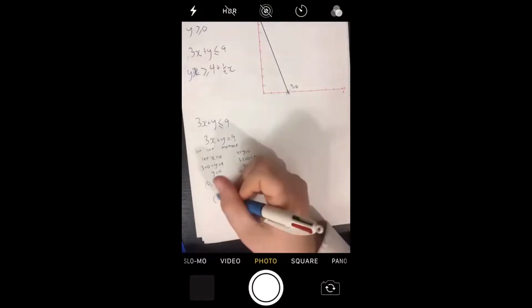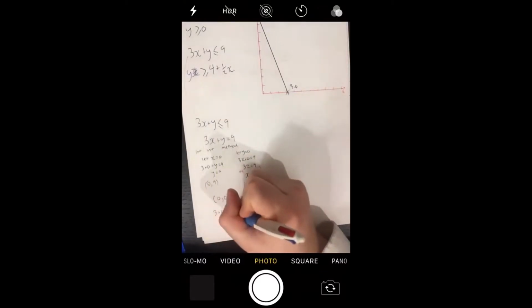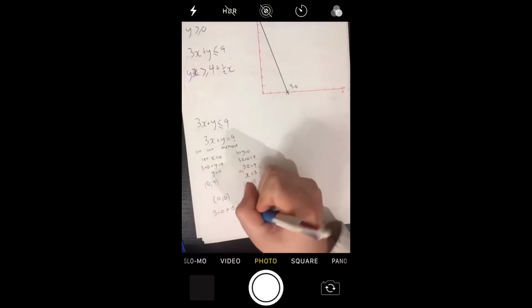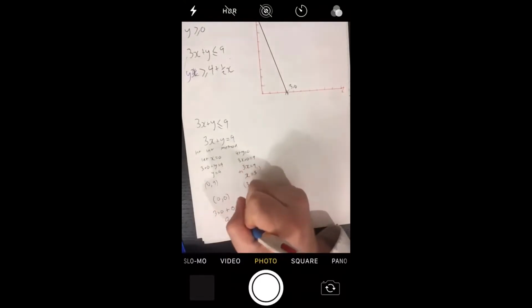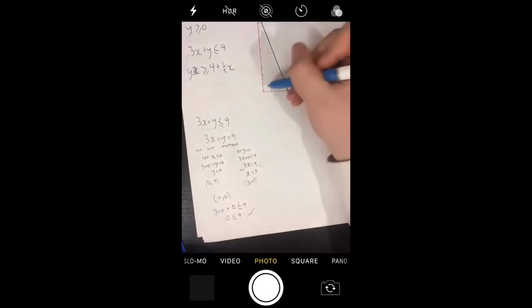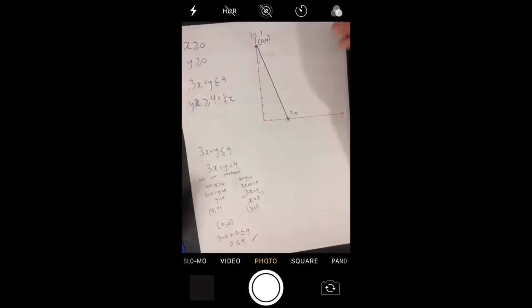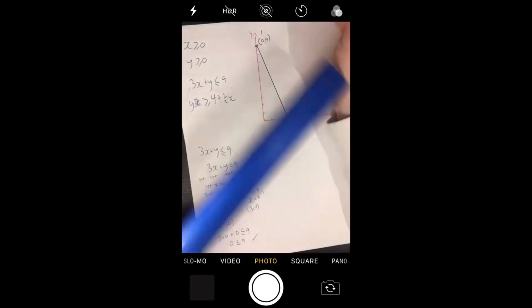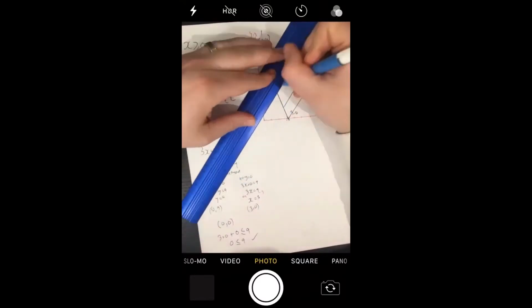So we're going to test: is 3 times 0 plus 0 less than or equal to 9? Well, 0 is less than 9. Yes. So this is on the good side, which means everything else is on the bad side, so we cross it out.